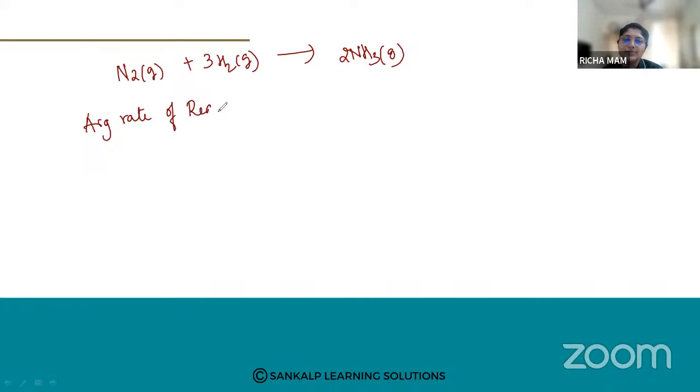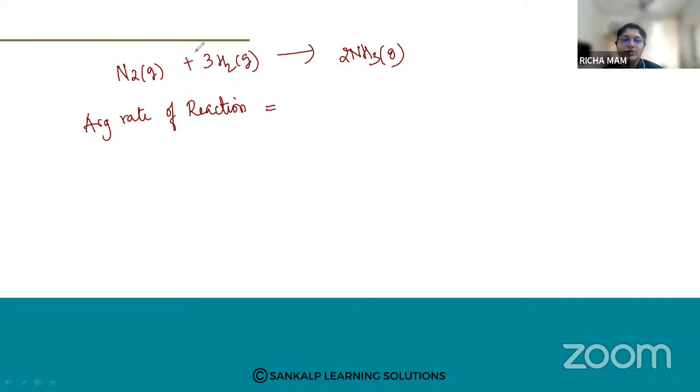I have another example: N2 gaseous plus 3H2 gaseous giving you 2NH3 gaseous. Can you tell me how to write the average rate of reaction? Anybody?